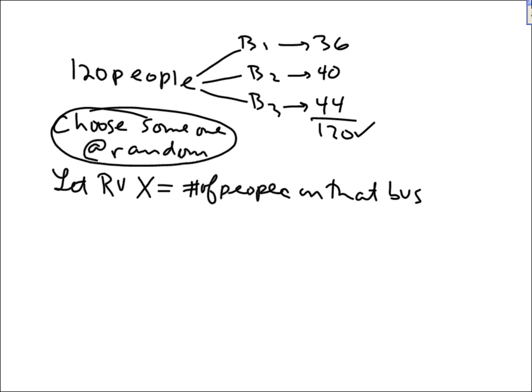Take pieces of paper, same size please, with all 120 people's names, put them in a hat, and randomly pick a name, which corresponds to a person. So you chose someone at random. And let the random variable x be the number of people on the bus that has the person who you just randomly chose.